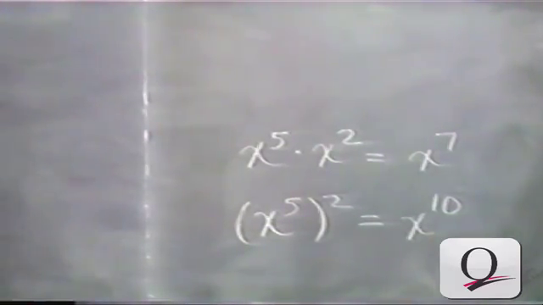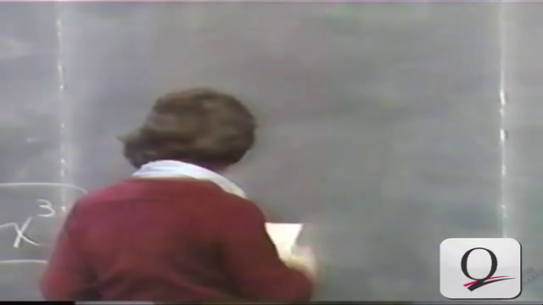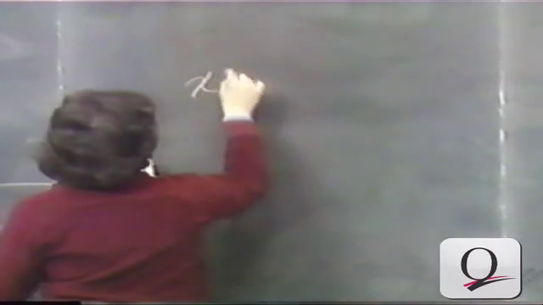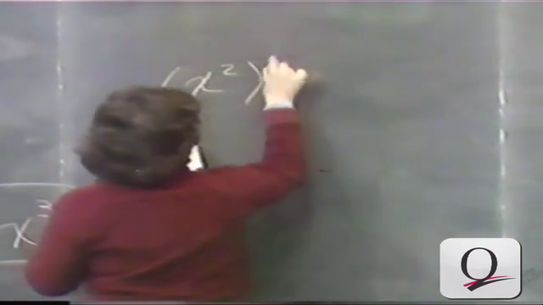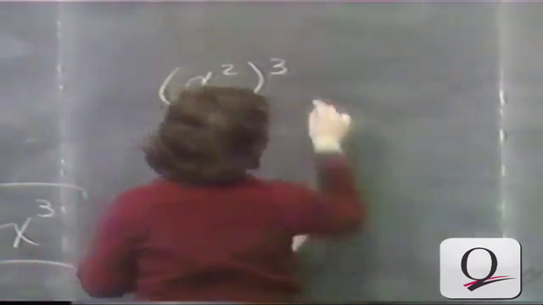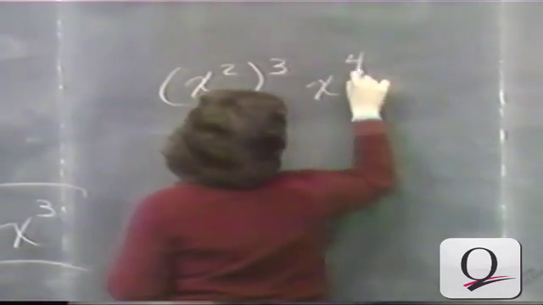Let's consider an example which combines this third rule for exponents with the first rule. Let's work out x squared cubed times x to the 4th.